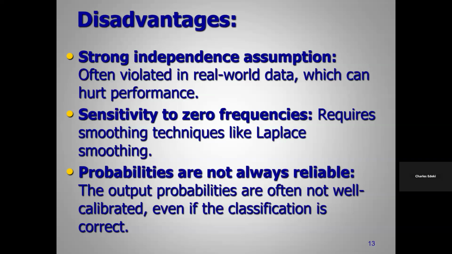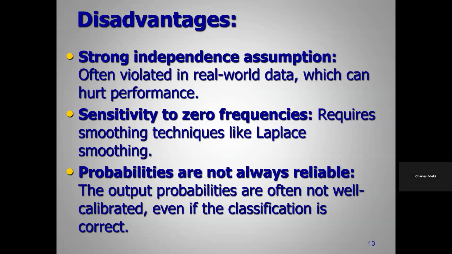This means that if it predicts a probability of, let's say, 0.9 for a class, it might not truly mean that it's 90% likely, even if it often correctly predicts that class. So this is one of the considerations if we need a truly accurate probability estimate rather than just a prediction.